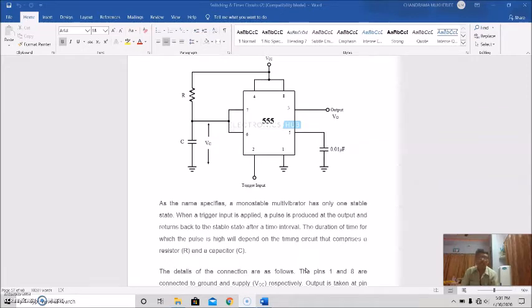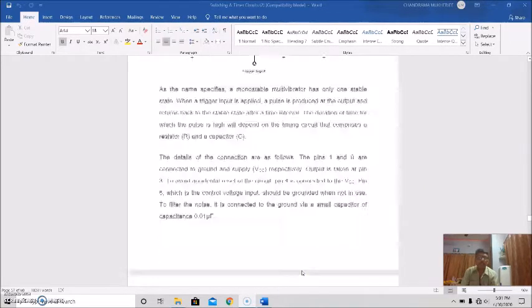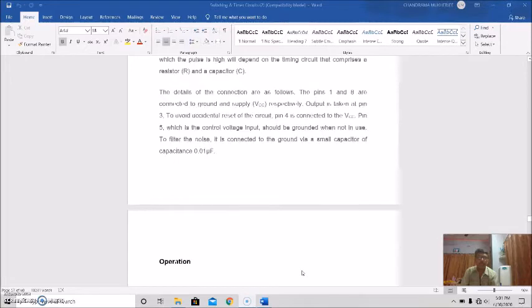When a trigger input is applied, a pulse is produced at the output and returns to the stable state after a time interval. The duration for which the pulse is high depends on the timing circuit that comprises a resistor and a capacitor. Details of the connections are given here.